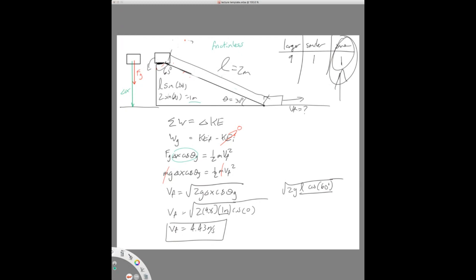And for that reason, just consider this for a minute, even if our ramp looked like this, and it was 1 meter tall and frictionless, as this thing slides down, when it gets to the bottom, the speed is going to be 4.43 meters per second.